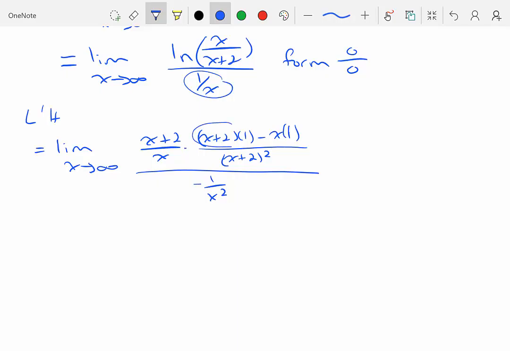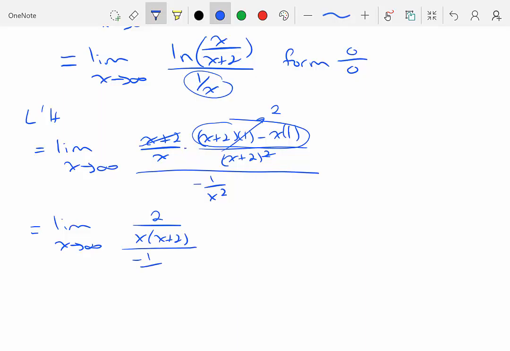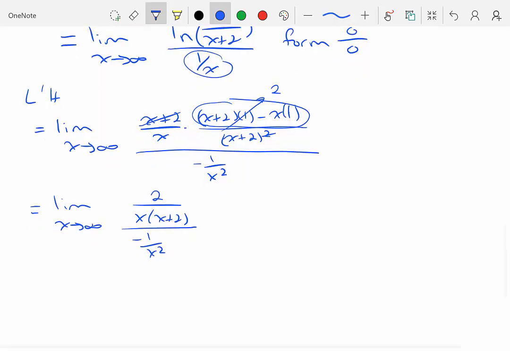Got a bunch of stuff to clean up. In the top up here, I have x plus 2 minus x, so all of this is equal to 2. And I have an x plus 2 here, and I have two x plus 2's there. So let's see what I've got. Limit as x approaches infinity of 2 divided by x times x plus 2, all divided by negative 1 over x squared.